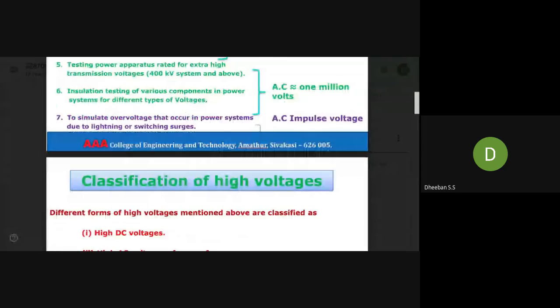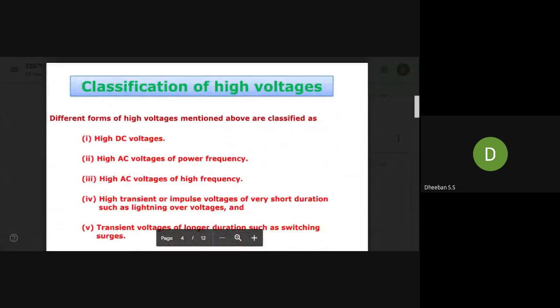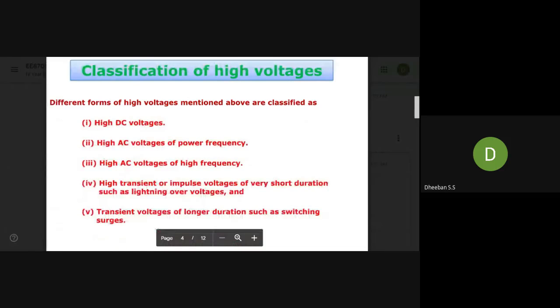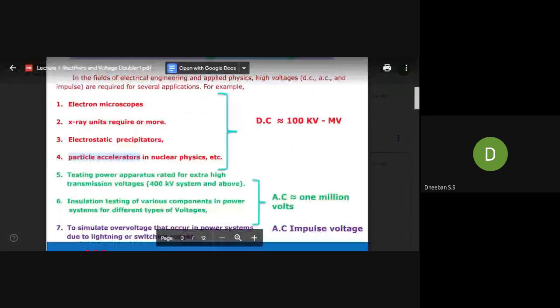Apart from this, we'll be moving to the classification of high voltages. So what are the different forms of high voltage? First one is high DC voltage, which you'll be making use of in your first four applications.